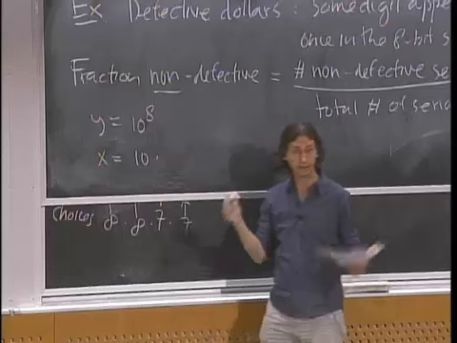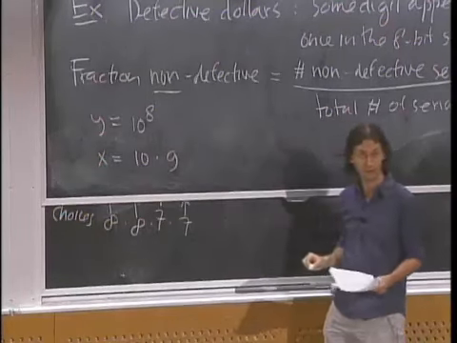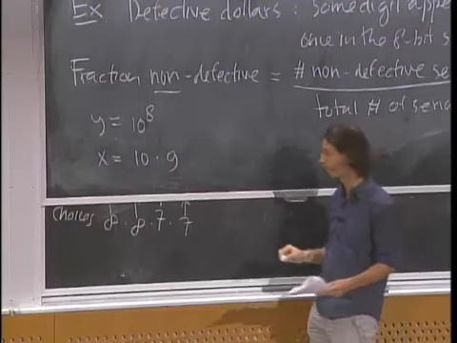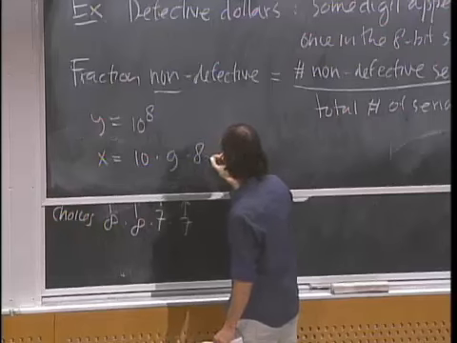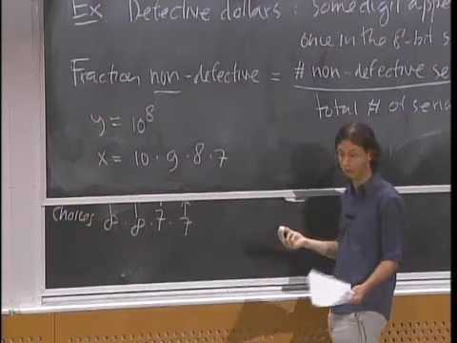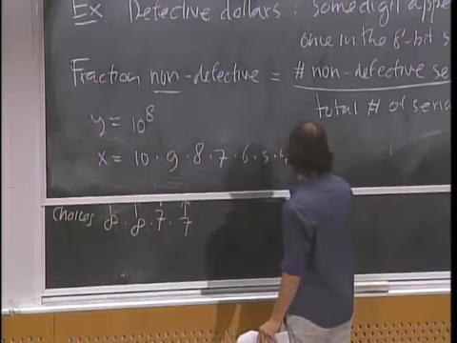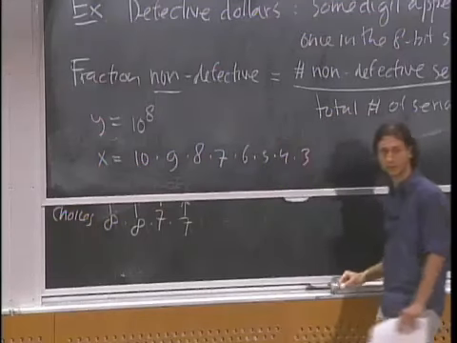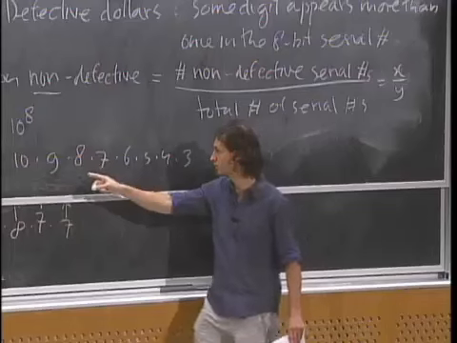Now that I've selected my first digit, I have 9 choices for my second digit in the serial number. Then I have 8 possible choices, 7, because I've already selected 3 and I cannot choose those anymore, times 6, times 5, times 4, times 3. And now I have chosen an 8-digit serial number in which all the digits are different.